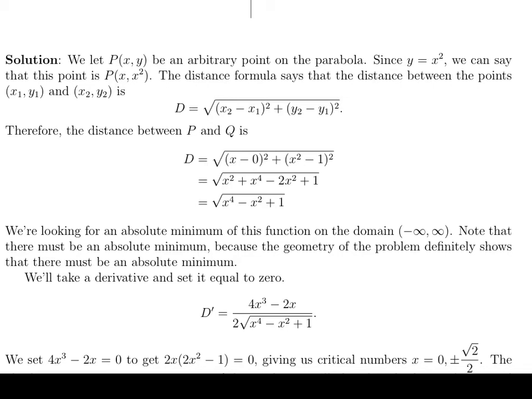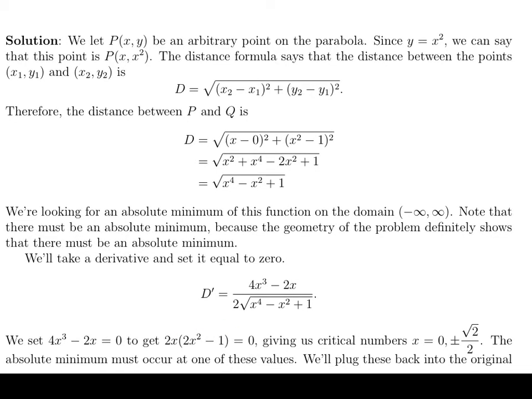Now, as usual, don't take my word for it. Take a little time, do a calculation, set this equal to 0, and see that you actually get plus or minus root 2 over 2. Now, because there has to be an absolute minimum, then this absolute minimum has to occur at one of these values. So we're going to go ahead and plug these numbers back into the original function that gives us the distance.